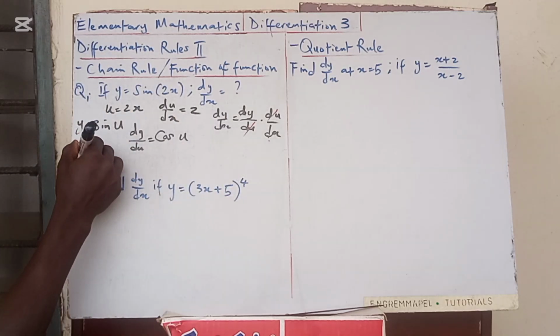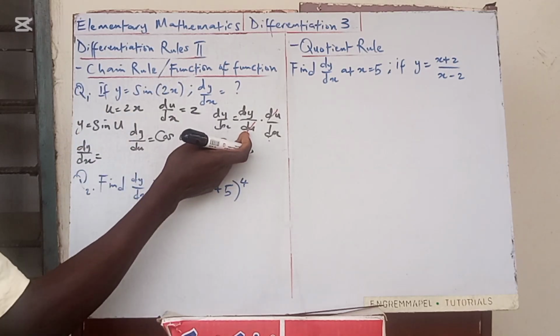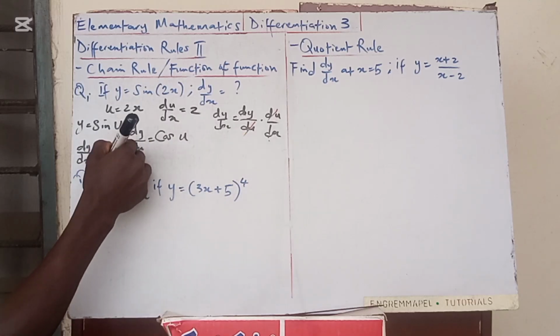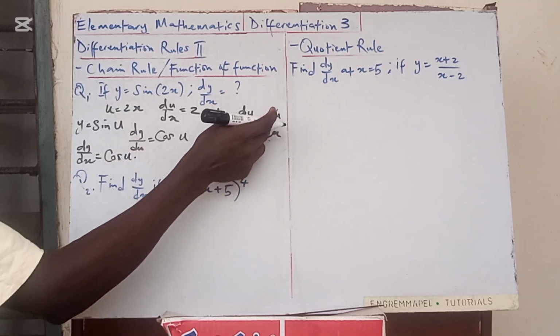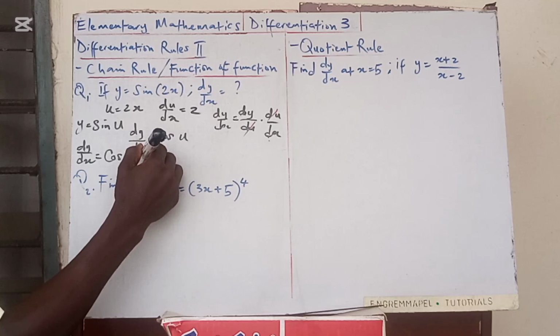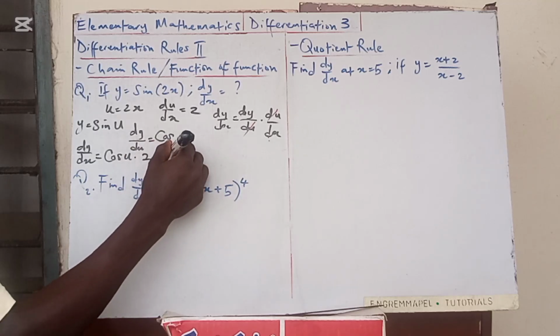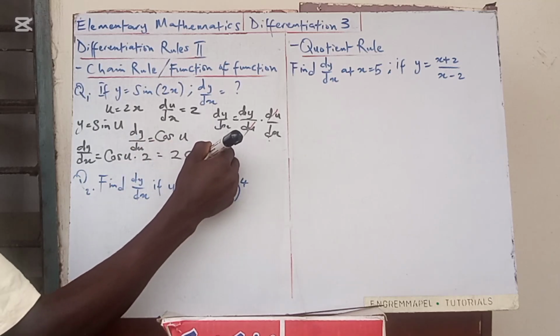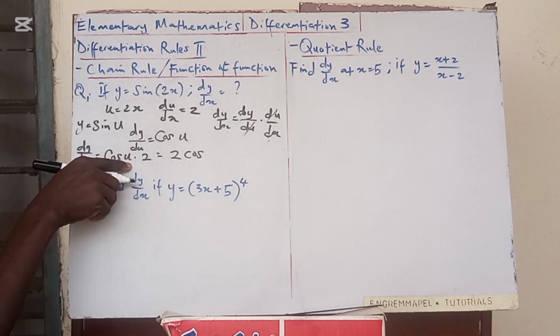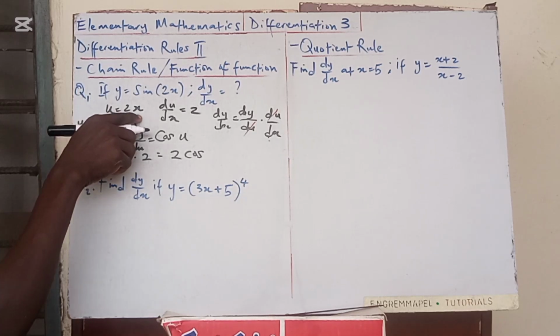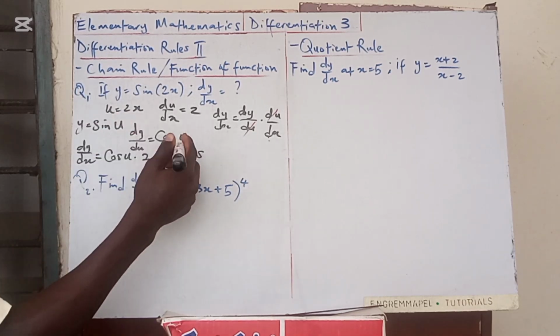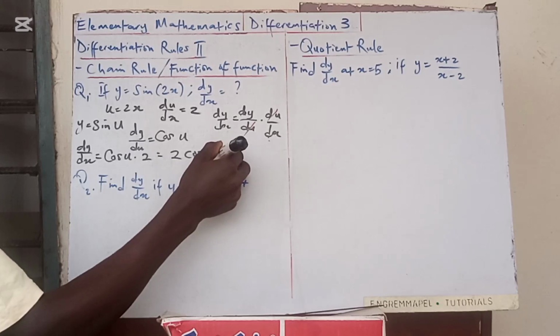So your dy dx now will be, what is your dy du, which is cos u. Then your du dx is what? 2. So that means your answer is 2 cos u. And we represented u as what? 2x before. So I can put my u back now, which is 2x.